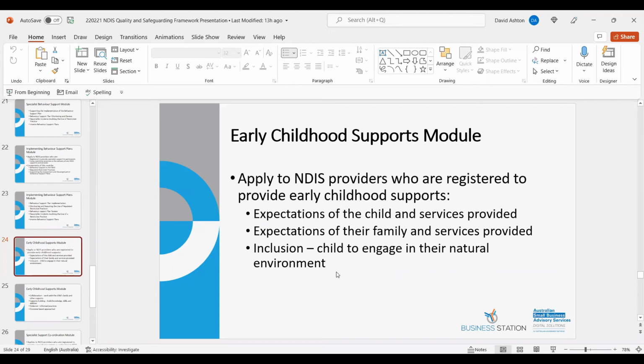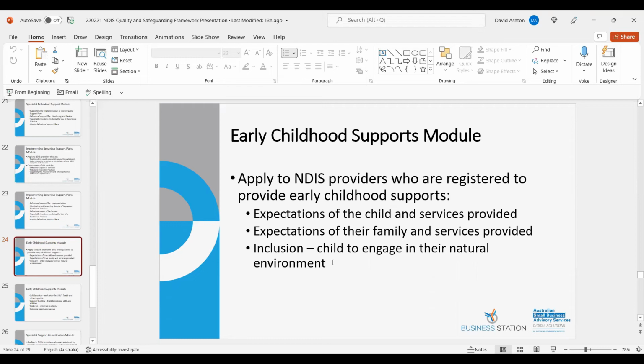Inclusion: each participant accesses supports that engage their natural environments and enable inclusive and meaningful participation in their family and community life. You need to focus on the child's functions in their everyday routines and activities. The child's inclusive, meaningful and active participation in their family life, community life and natural environment is promoted.